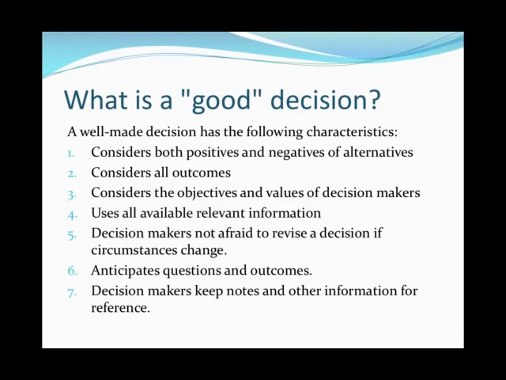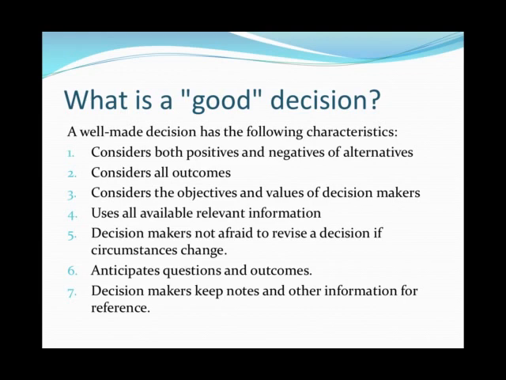Did I consider the objectives and values of the decision makers? Did I think about what I want to do by going to medical school? My purpose of going to medical school is so that I can end up working at Prince Hamza Hospital. Hashemite University has a relationship with Prince Hamza Hospital, so this is going to help me.